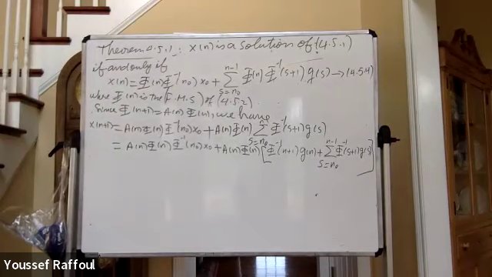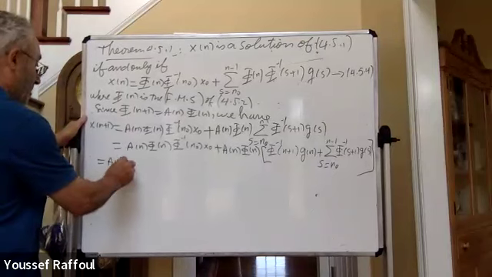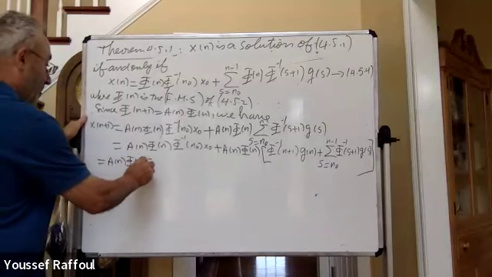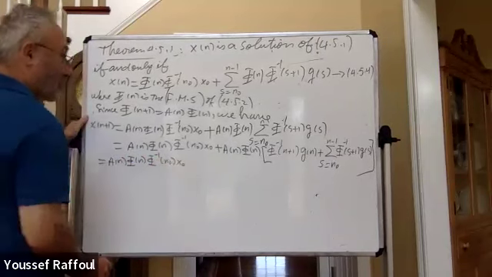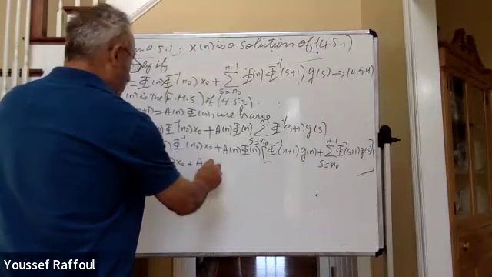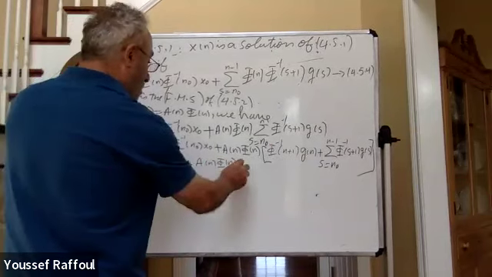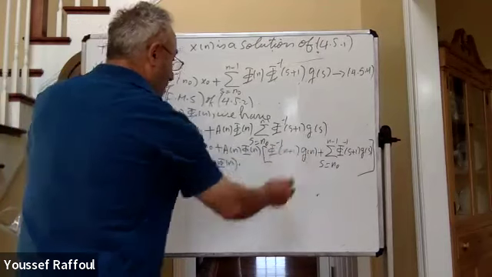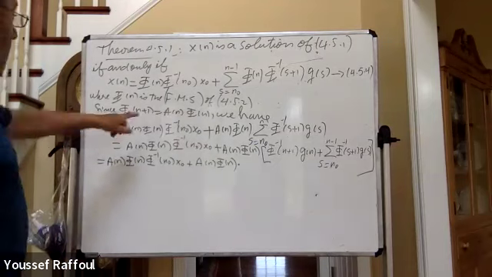So, what are we gonna have? So this is a n phi n phi inverse of n naught x naught, plus a n phi n. What about this one? What is phi inverse of n plus 1?